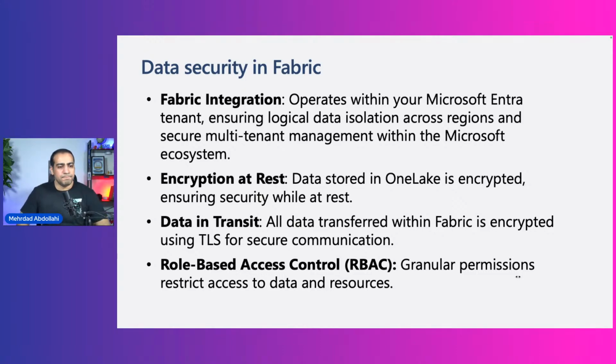Anyway, the next item for data security is encryption at rest. Data stored in OneLake is always encrypted, however organizations can bring their own keys to make it more secure.